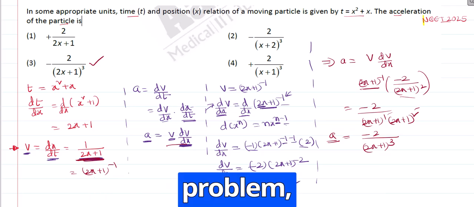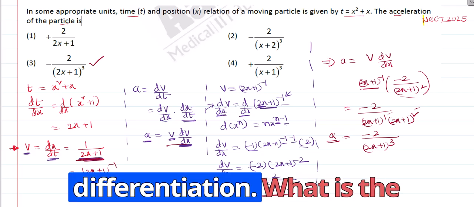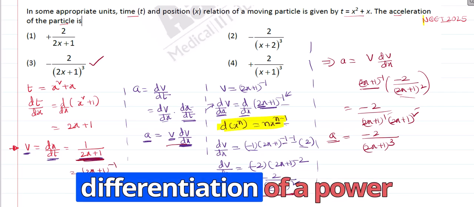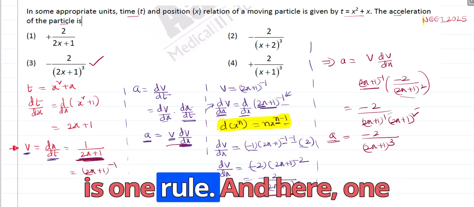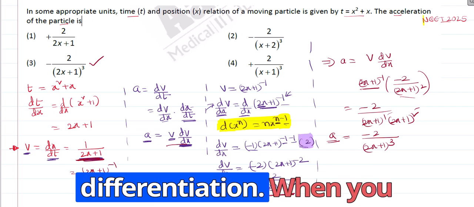So it's a simple problem, but we need to know the basic rules of differentiation. What are the basic rules of differentiation? Differentiation of xⁿ equals n times x to the power n minus 1. So that is one rule. And here one important thing is the chain rule of differentiation.